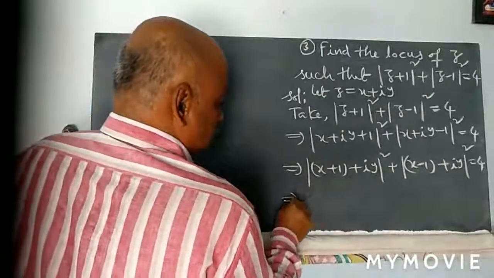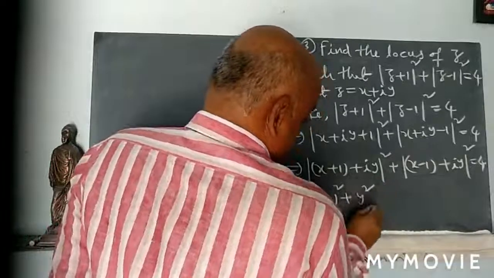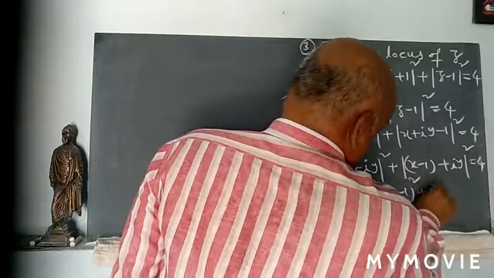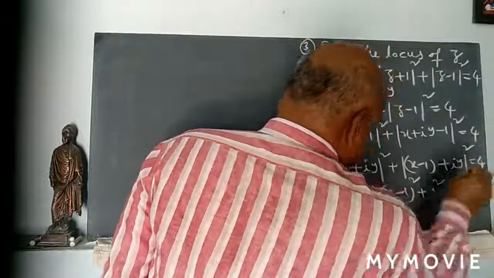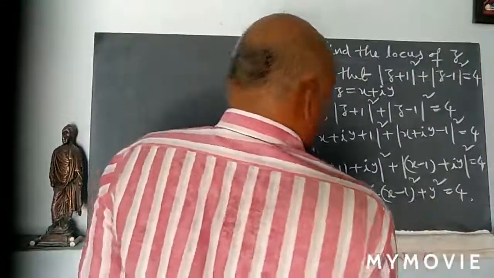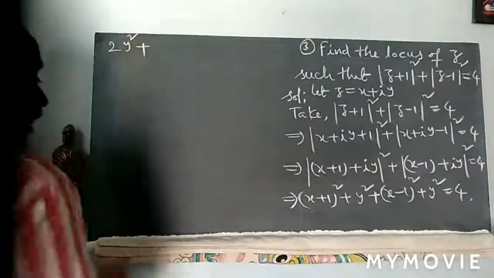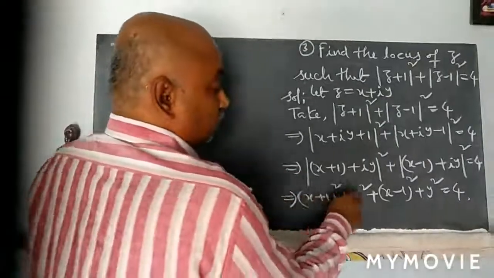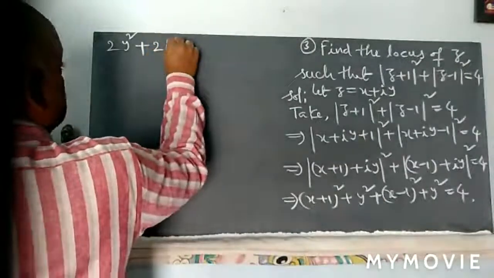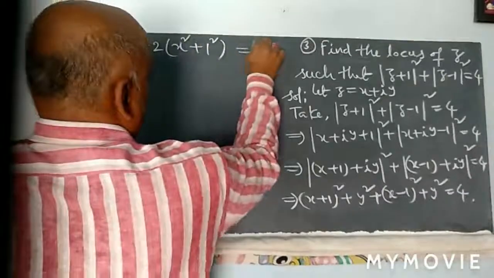So this implies (x+1)² + y² + (x−1)² + y² = 4. Here y² plus y² gives 2y², and (a+b)² + (a−b)², which is 2(x² + 1²), equals 4.